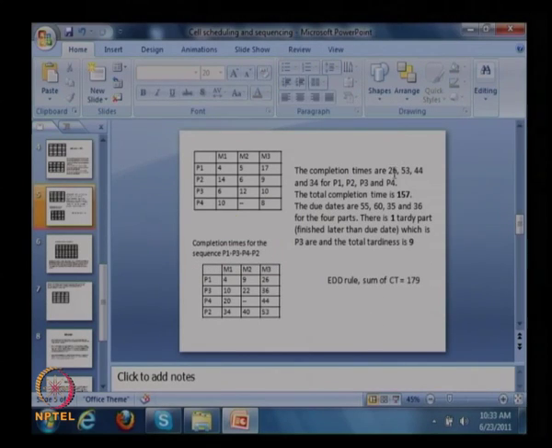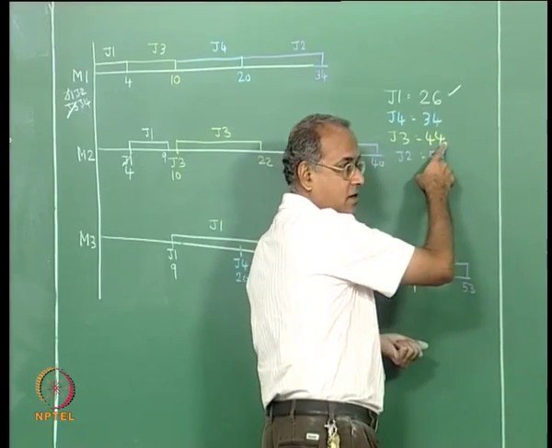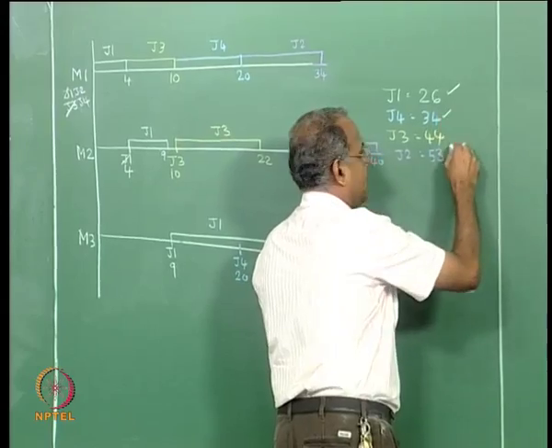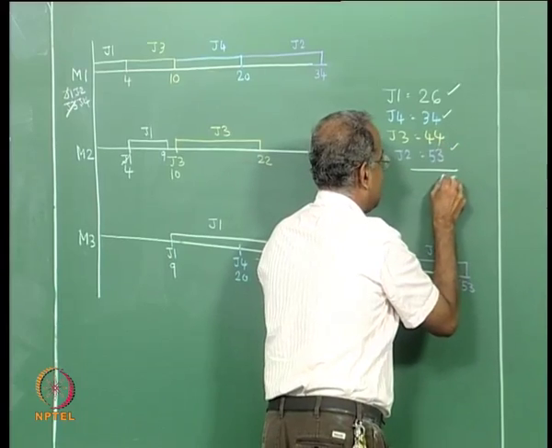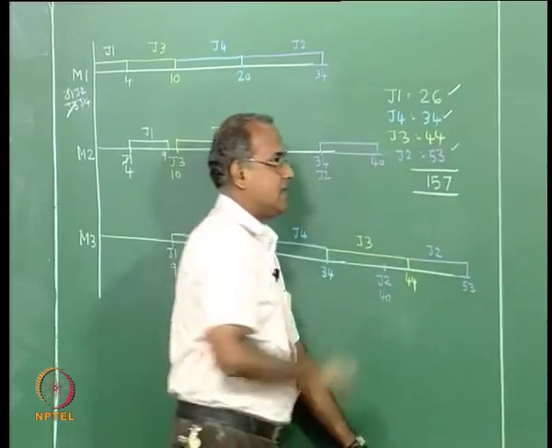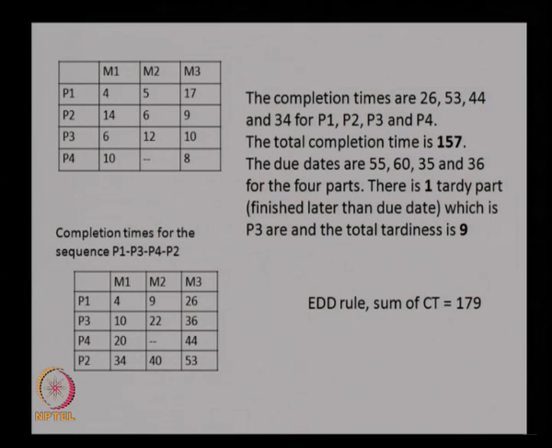We get for P1 26, for P3 here we have 44, there it is 36, for P4 there it is 44, here it is 34, and it is 53. So, our sum of completion times will be 157 as against 159 we could get from the earlier sequence.